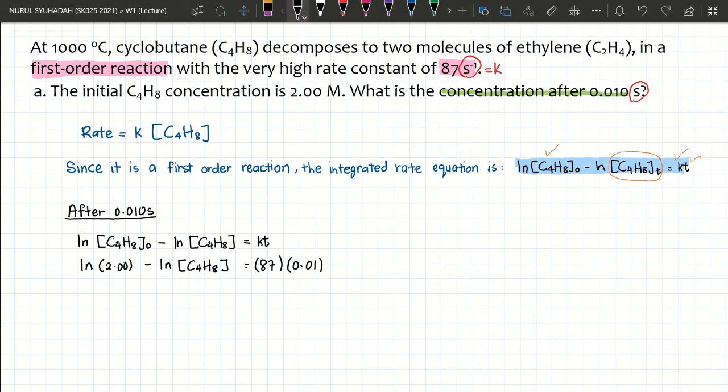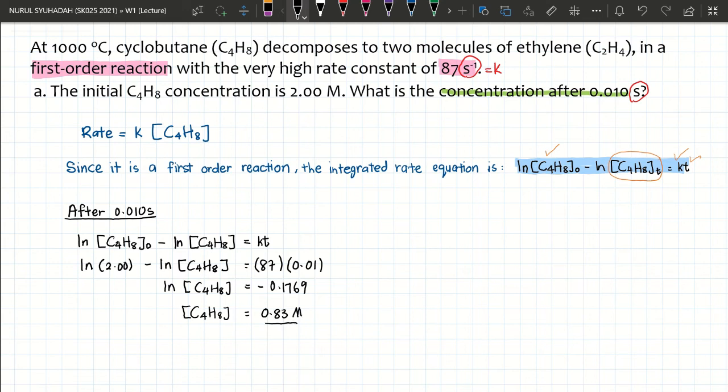Once you substitute all the values, keep on calculating until you get the answer. So here, ln [C4H8], you will get the answer as negative 0.1769, and the concentration of our cyclobutane after 0.01 second will be 0.83 molar.